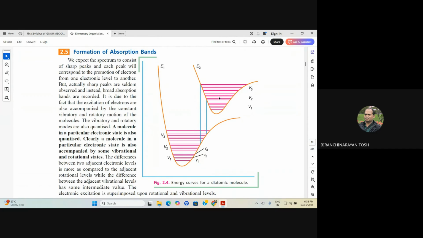But when we move to infrared, infrared radiation has lesser energy. That means during absorption of infrared radiation, electronic transition will not occur. Only vibrational or rotational transitions will occur. That's why infrared spectroscopy is known as vibrational-rotational spectroscopy, whereas UV-visible spectroscopy is known as electronic spectroscopy. Am I clear?